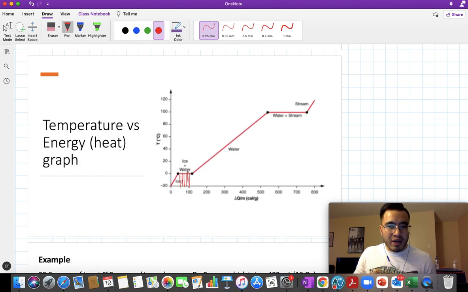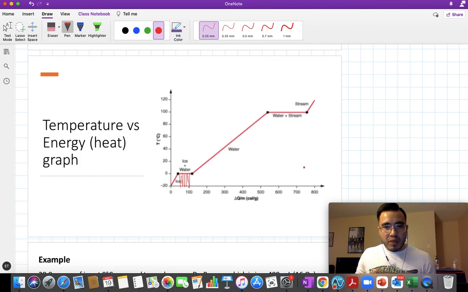It doesn't take as much energy, in comparison, to melt ice, and then it takes a lot of energy to get water into water vapor. It says stream for some reason. I got this from the book, I don't know if they meant that or steam. Anyhow, it takes a bit more than melting to make it into all water vapor or steam.